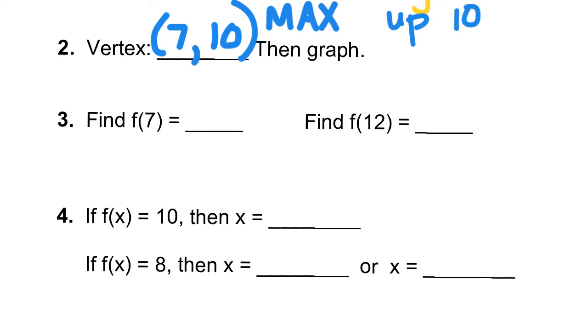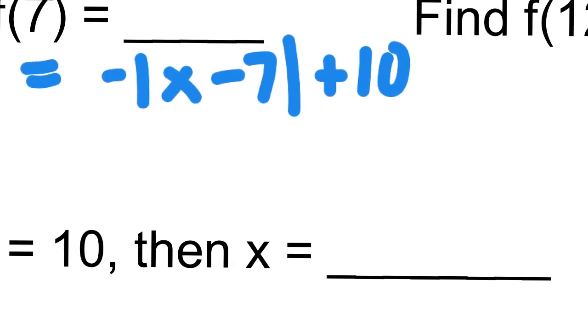When we're finding f of 7, that means we're finding when x is equal to 7. There are a couple of ways to do this. If we're finding f of 7, we can simply substitute it into our equation, which was given to us. So we substitute x is equal to 7, and then we solve.